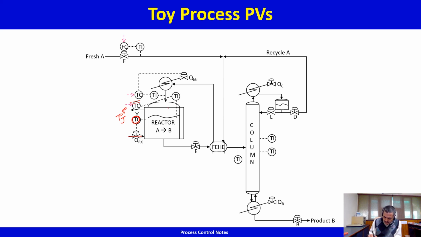So you can imagine, if the reactor temperature is increasing, the reactor temperature controller will say reduce the jacket temperature, and the jacket temperature controller will then bring in more coolant in order to reduce the jacket temperature. And as the jacket temperature is reduced, more heat will get transferred across the walls of the reactor. As more heat gets removed across the walls of the reactor, the increasing reactor temperature will hopefully come back. So that's the idea behind this control system.